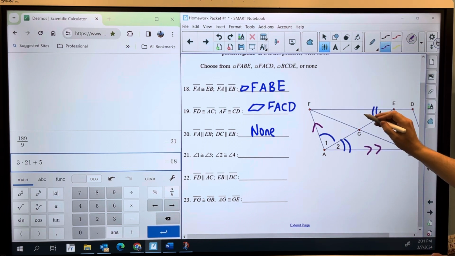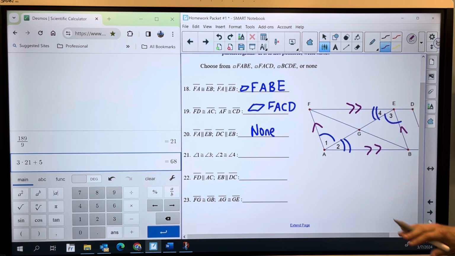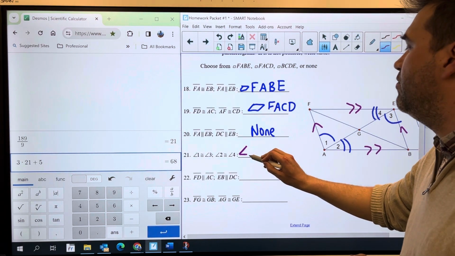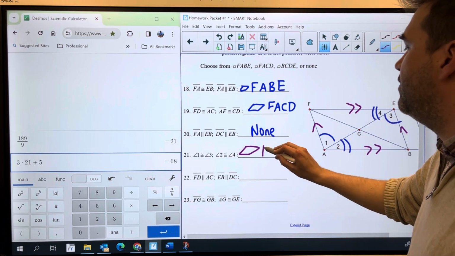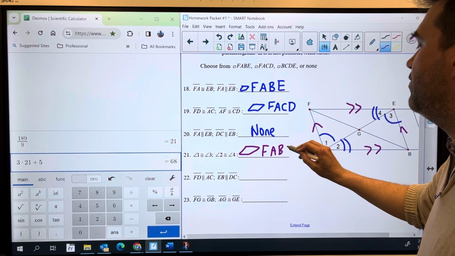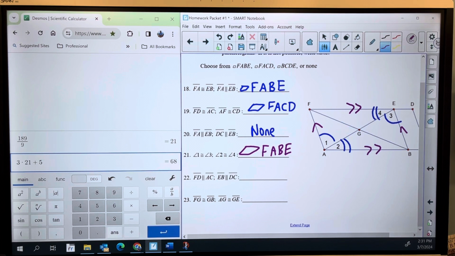All right, so we got some parallel lines here. This right here is telling me that I've got opposite sides that are both parallel. That is a parallelogram. So right here, we do want to say parallelogram FABE.